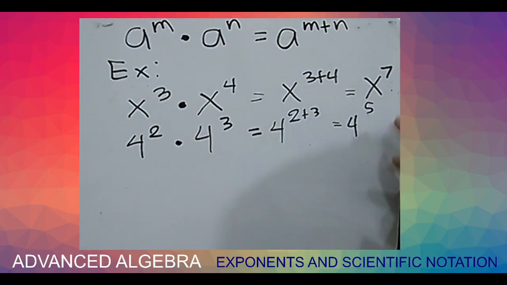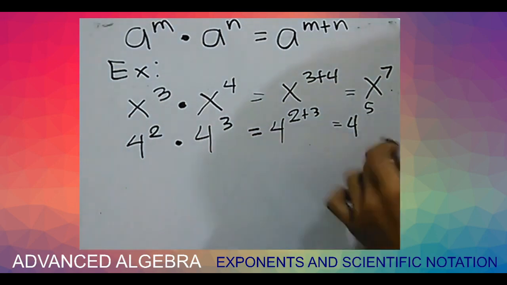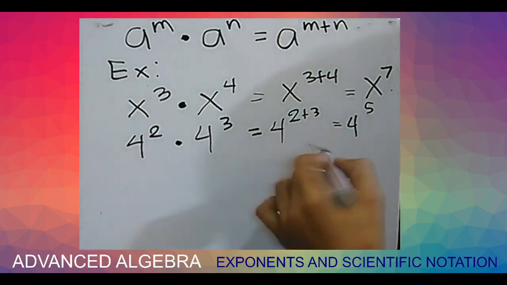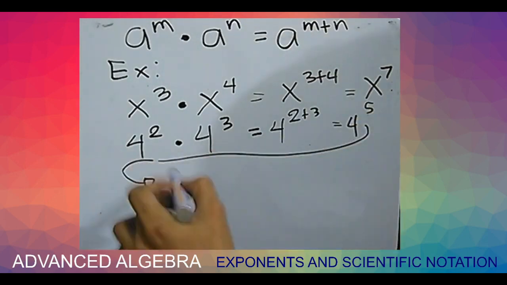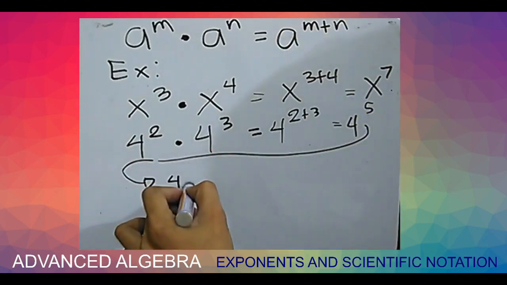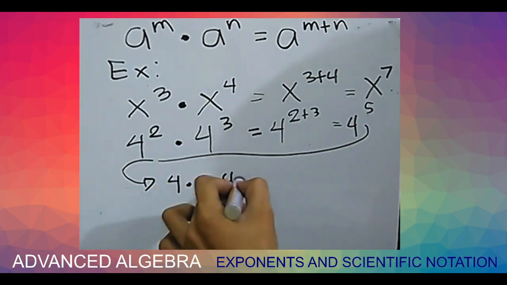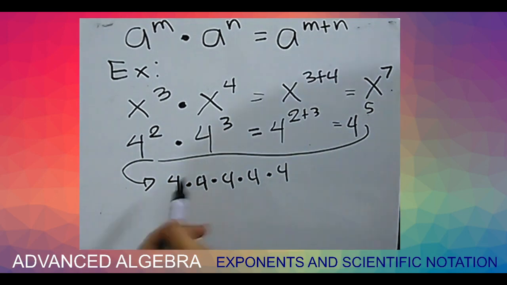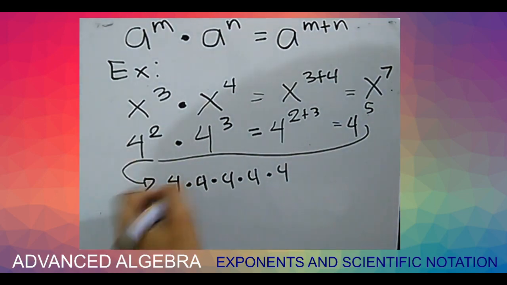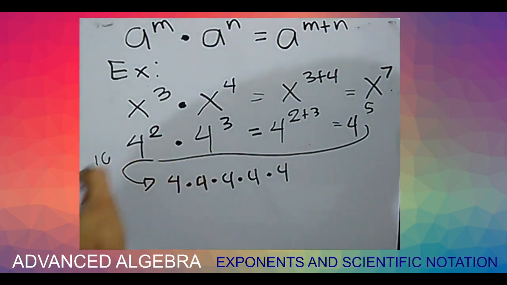Ano ang sagot sa 4 to the fifth power? Try natin siyang sagutan. Equals pa rin. Lagyan natin ng arrow. Yan. 4 times 4 times 4 times 4 times 4. Okay, simulan natin. 4 times 4 is 16. Times 4 is 64.